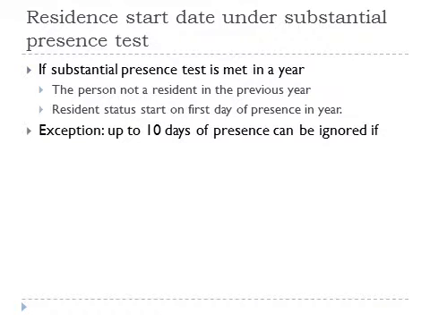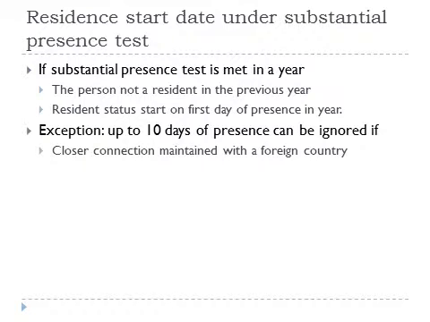However, an individual can ignore up to 10 days of actual presence within that calendar year if he or she had a closer connection to a foreign country than to the United States, and the person maintained a tax home in that foreign country.